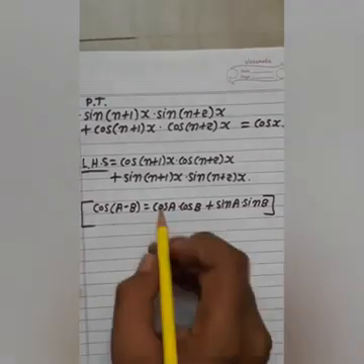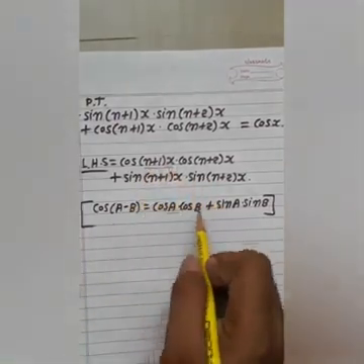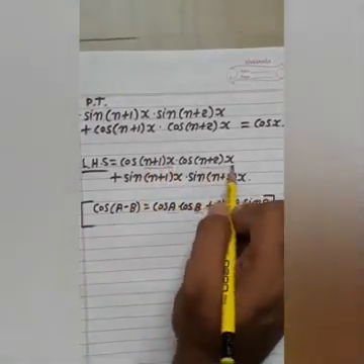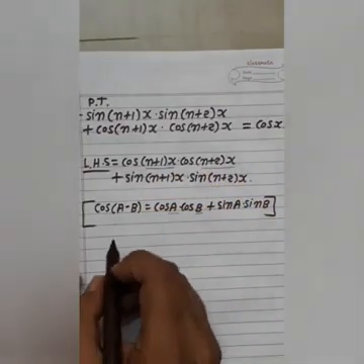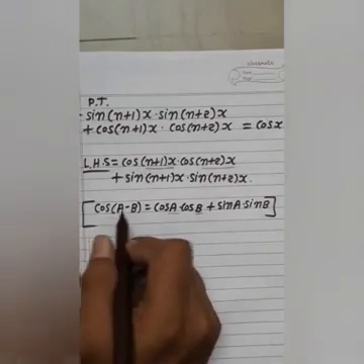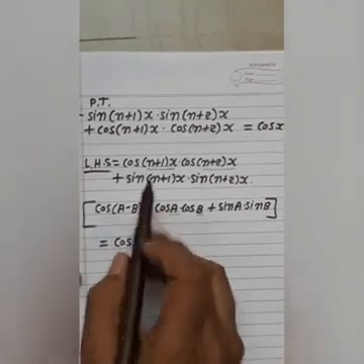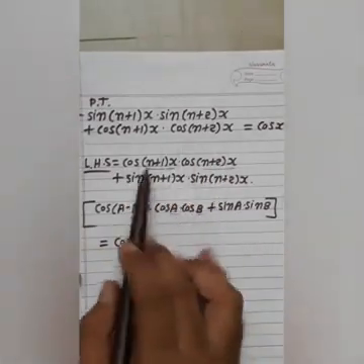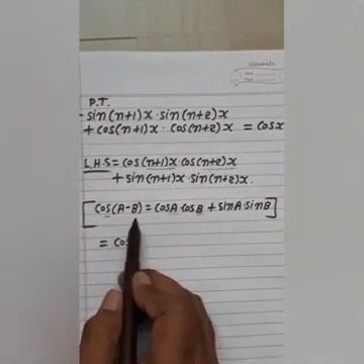See, here A we can consider as (n plus 1) x, and B we can consider as (n plus 2) x.